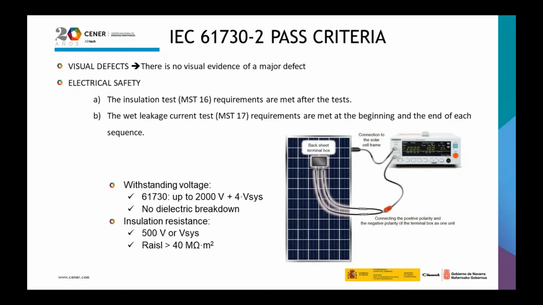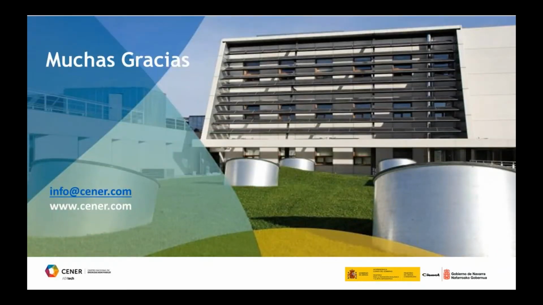Here, the voltage applied for this test is 2000 volts plus 4 times the maximum system voltage, and the module must not show electric breakdown, and the insulation resistance shall be higher than 40 megaohms per square meter. No power requirement is a pass criteria here.